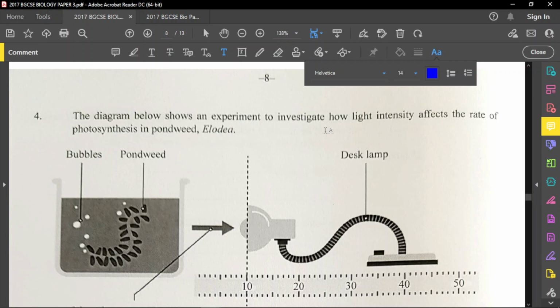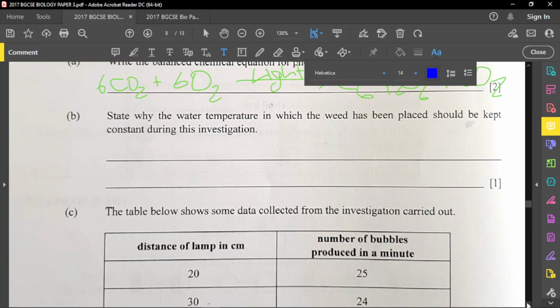So light intensity means the further away from the light you are, the less light coming onto you. So you're testing the light intensity. Let's say temperature, right? The temperature of water is not what we're testing. We're not testing what temperature does to photosynthesis. We're testing light. So why we keep this constant is to ensure no variation in temperature, or to ensure that the only thing that is affecting the rate of photosynthesis is light.